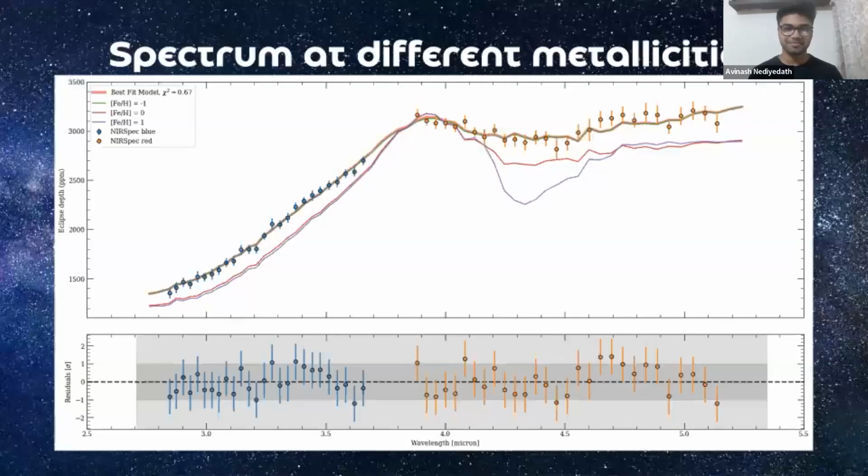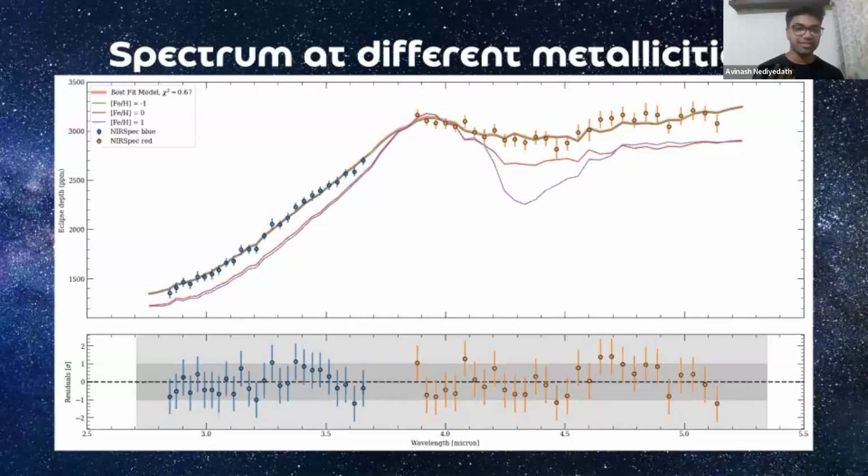Next slide. So the spectrum at different metallicity. When the metallicity is reduced to 0.1 times solar, it means the star has far fewer heavy elements, such as iron. As a result, the absorption lines of the metals in the star's spectrum will be much weaker and less pronounced.